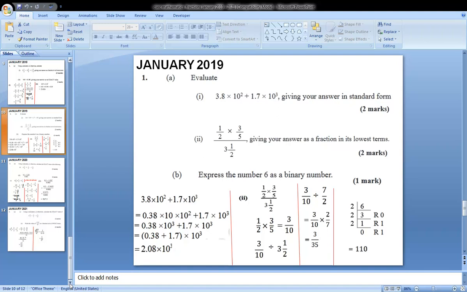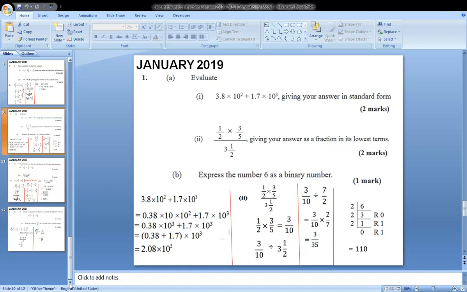The B part says, express the number 6 as a binary number. Now, we know binary means we're going to divide by 2, or the base is 2. So 2 into 6 goes 3 times, remainder 0.